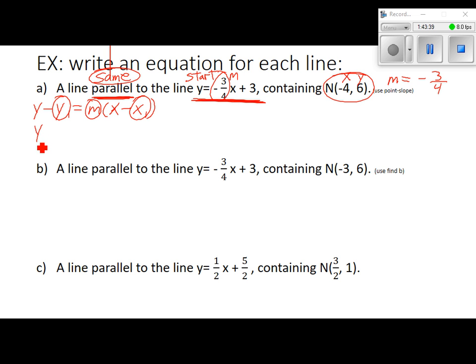Our y sub 1 is 6, so y minus 6 equals, the slope is negative 3/4, parentheses x. And then our x this time is negative 4, so it's minus a negative 4, which we're going to end up changing to positive.